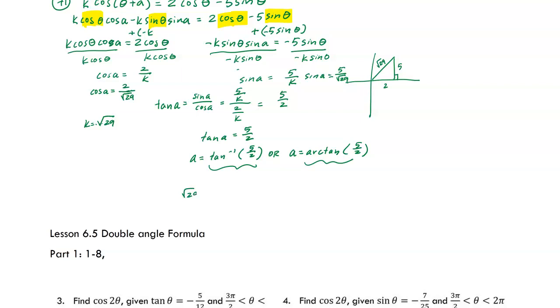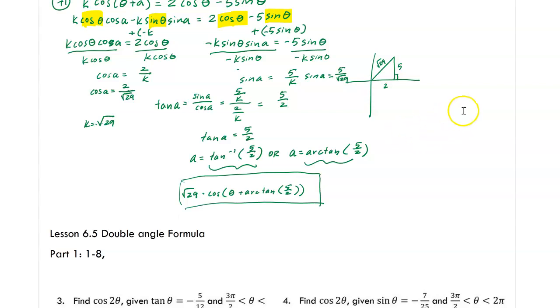And so it's going to be square root of 29 times cosine of theta plus arctangent of 5 over 2. Once again, it's not going to be on the test, okay? But if you wanted to know it, then there it is. Okay, let's see.